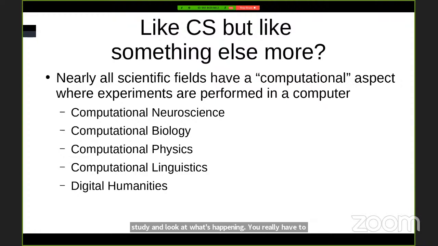And so you have these different computational fields: computational neuroscience, computational biology, computational physics, computational linguistics, and even the digital humanities, where humanities scholars are using computer science to unearth new perspectives on their field. So you don't have to be a computer scientist to use computers or to do computation. Many other fields will definitely give you the ability to do it.